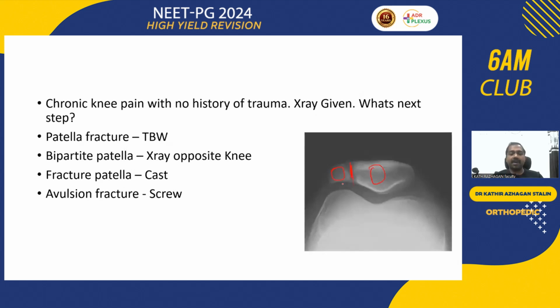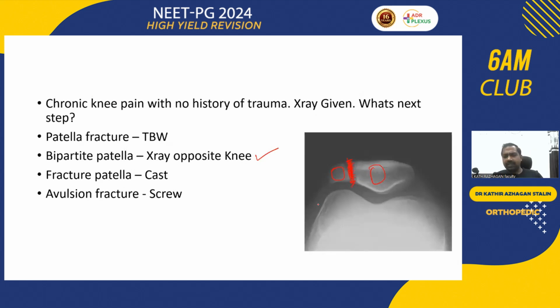It looks like a fracture, and 30% of them are bilateral. So if you are not sure whether it is a fracture or not, please take the x-ray of the opposite side knee. So don't diagnose this as a fracture. You have to take the opposite knee to check whether it looks the same.